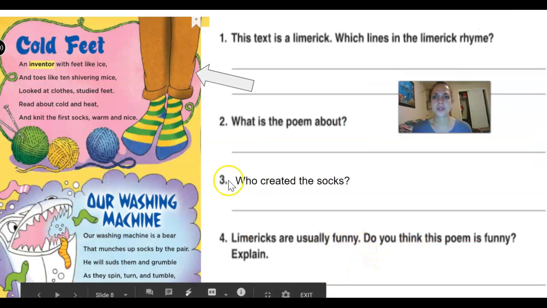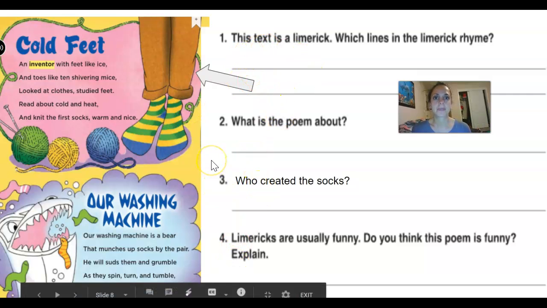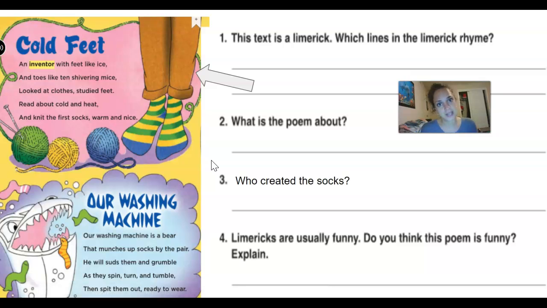So we are going to look closely at Cold Feet. And then we're going to answer our questions. You will read a poem today in your workbook, and you will answer questions. Now remember, our number one purpose is to identify features of a limerick and free verse.